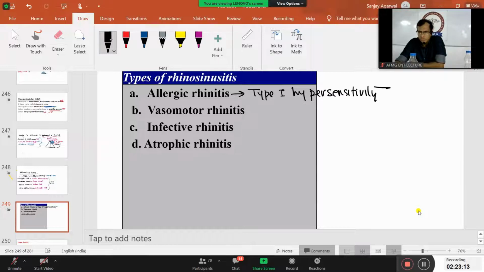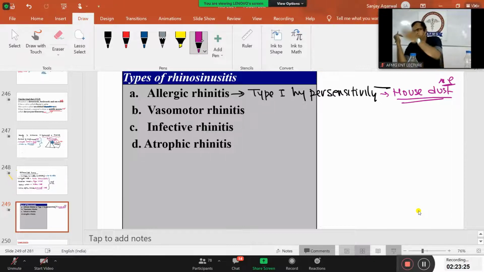That's the only thing you have to know. And which is the most common allergen? House dust is the most common allergen. Hypersensitivity will be taught to you in micro and pathology. All the 4 types.